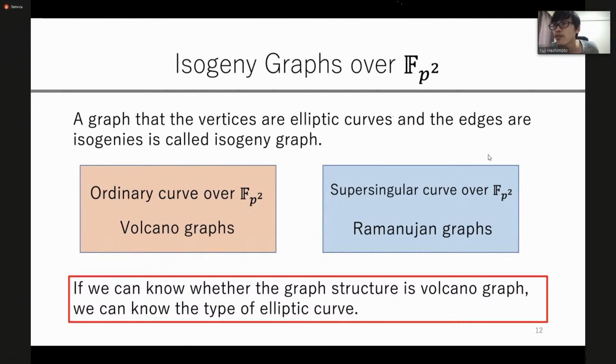The graph of ordinary curves over F_p^2 has a graph structure called the volcano graph, and the isogeny graph of supersingular curves over F_p^2 has a graph structure called the Ramanujan graph. If we can know whether the graph structure is a volcano graph, we can know the type of elliptic curve.